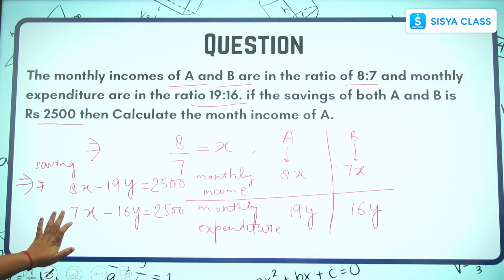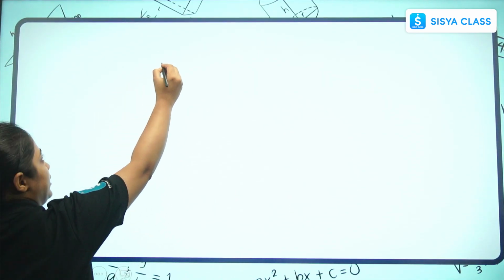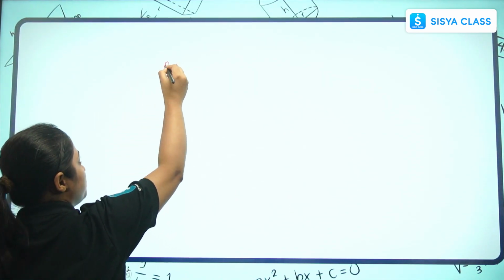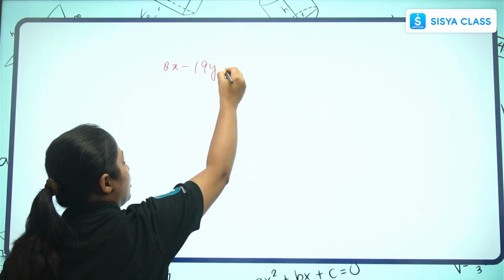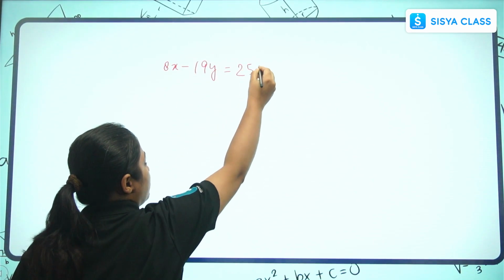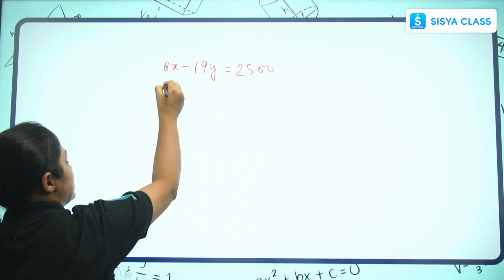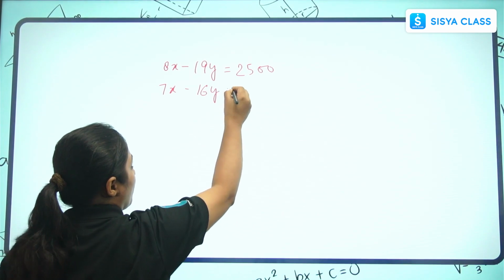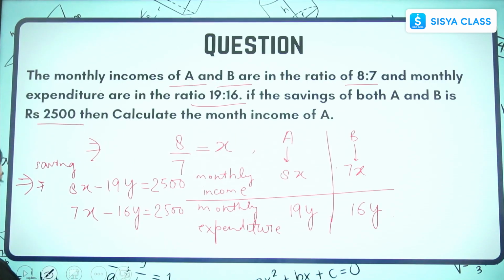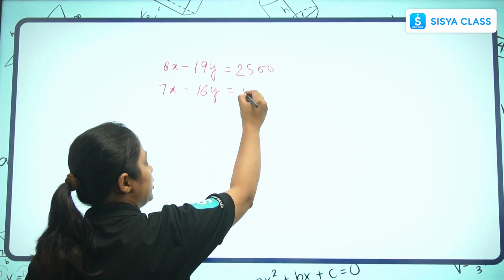So you have these two equations: 8x minus 19y is 2500 and 7x minus 16y is also 2500, right?